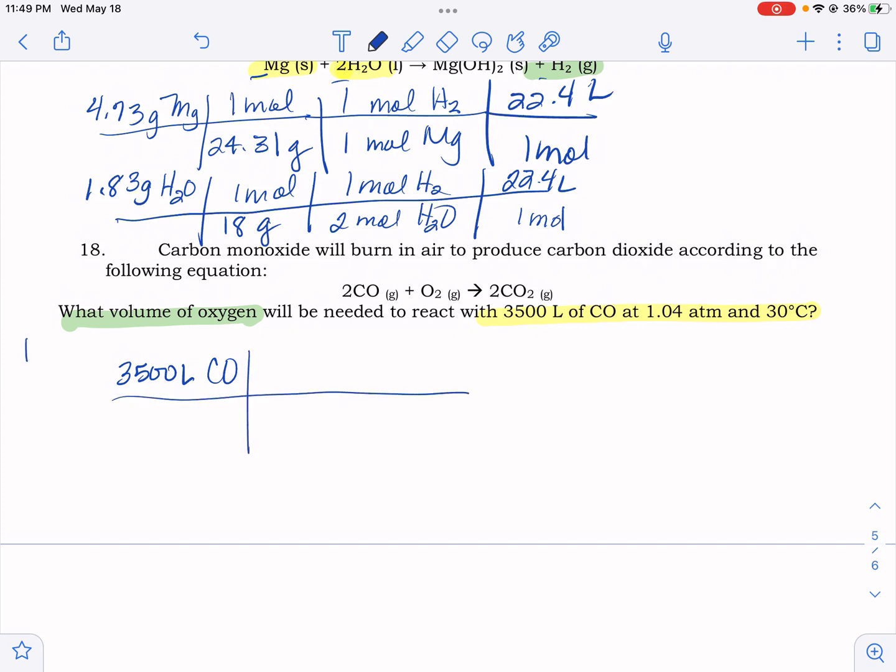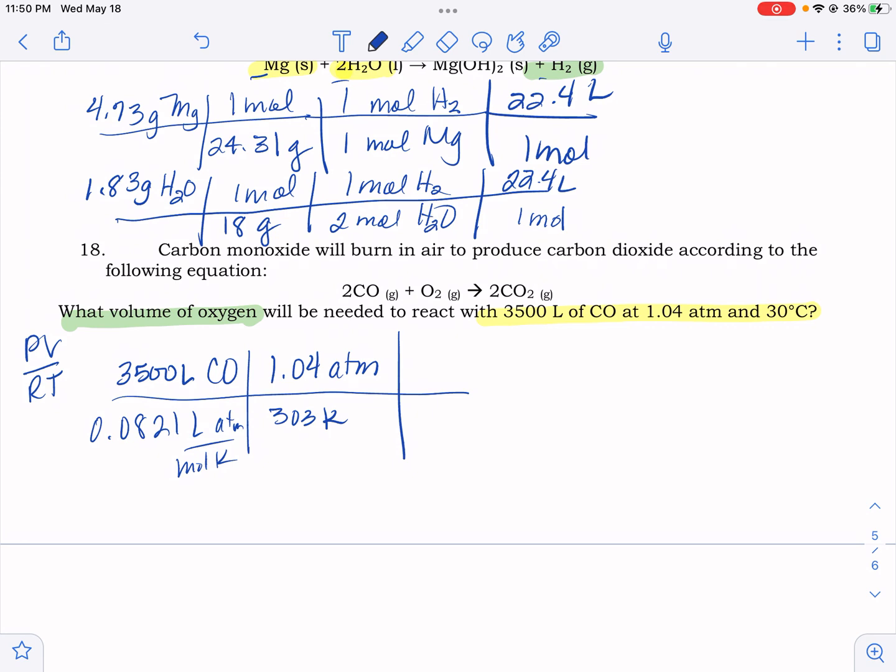And we need to do PV over RT. 1.04 atm, 0.0821 liter atmospheres over mole Kelvin, and 30 plus 273 is 303 Kelvin.